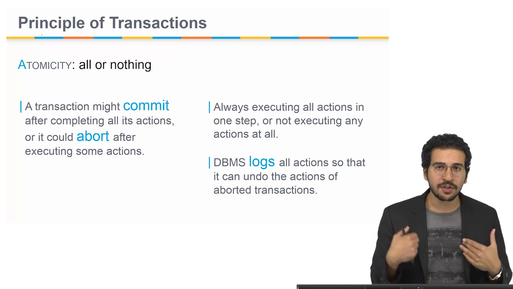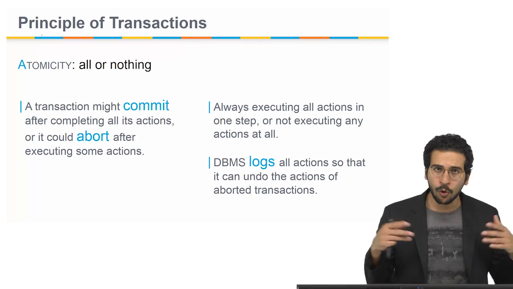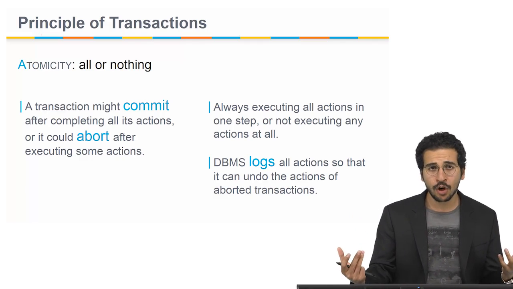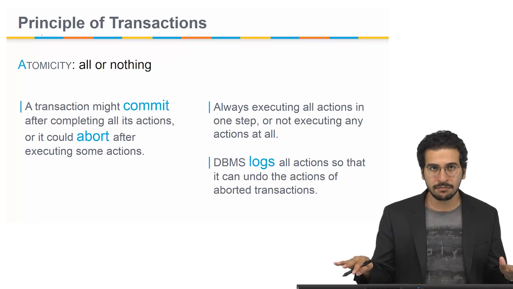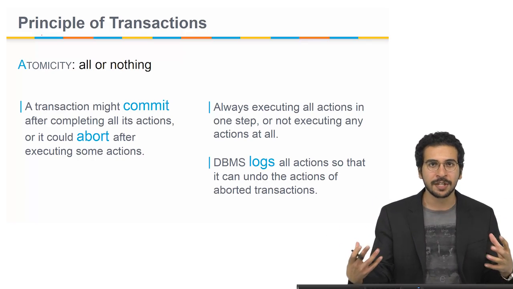So from a user perspective, the user will receive either a message that the whole transaction ran with all the actions in it, reads and writes, or another message that none of them has actually run. So this is why we call it atomic. The transaction, all the actions, is an atomic unit.